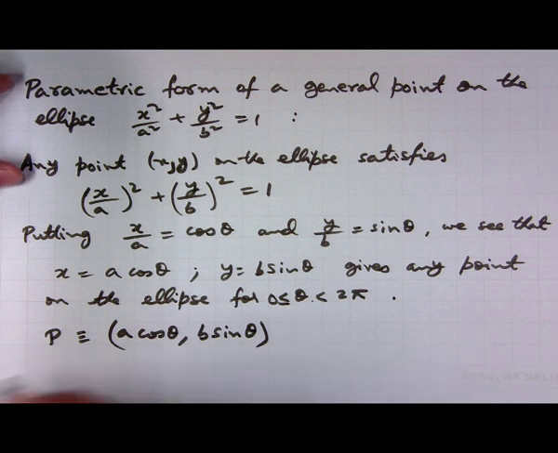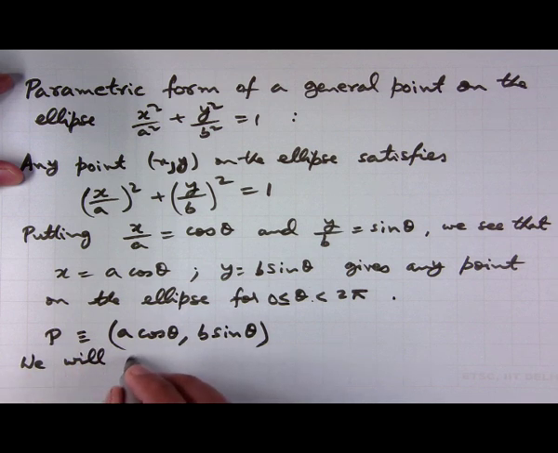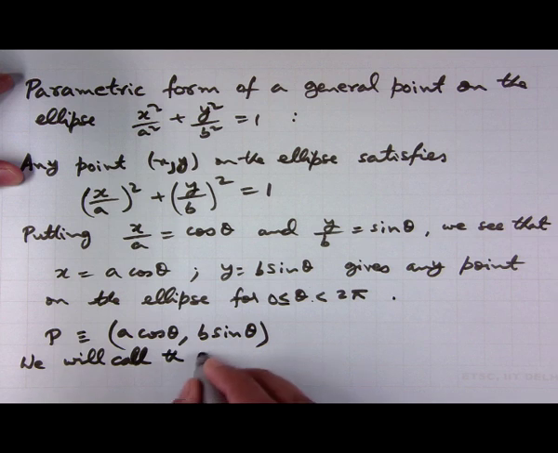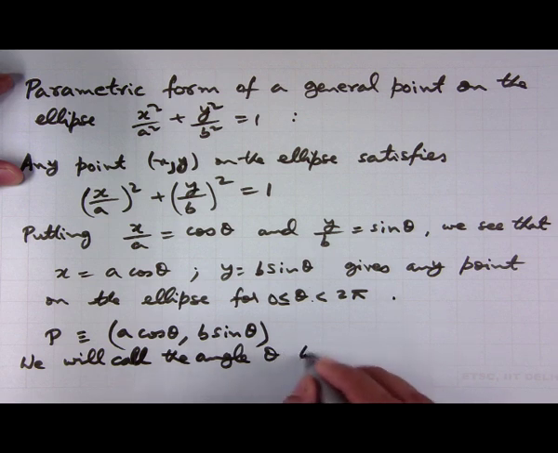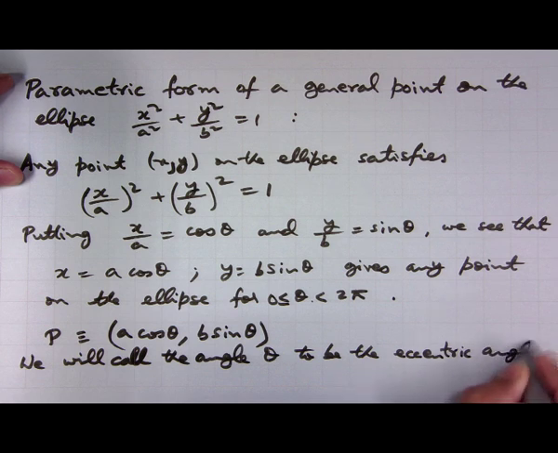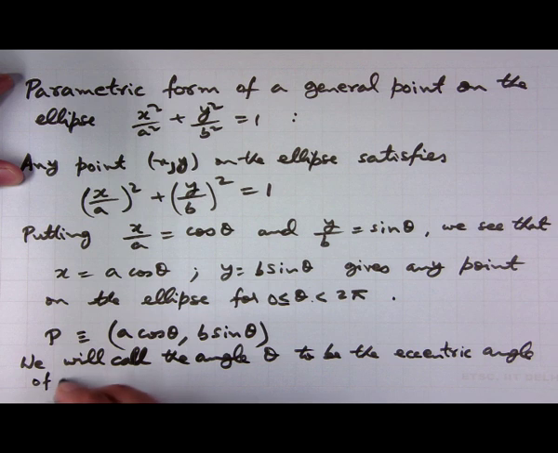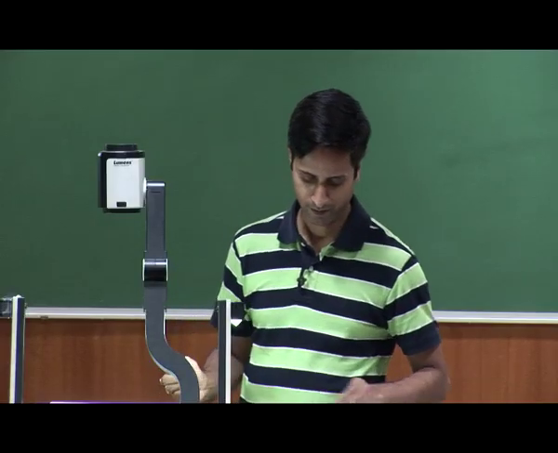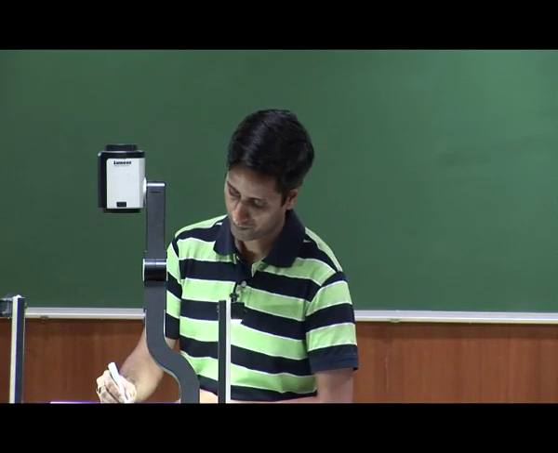Let's define here, we will call the angle theta to be the eccentric angle of the point P. So, let us draw the ellipse.